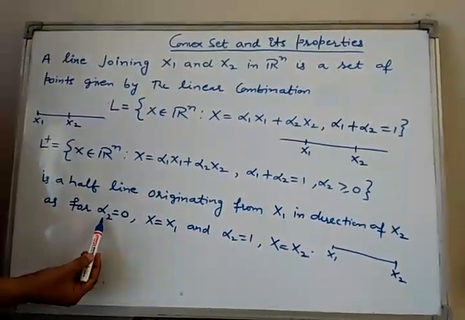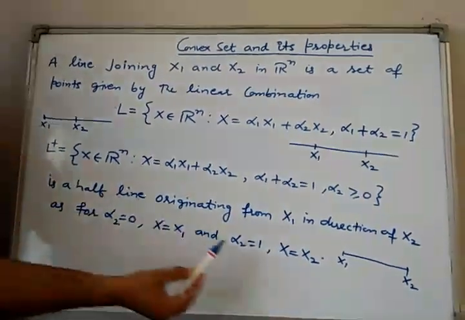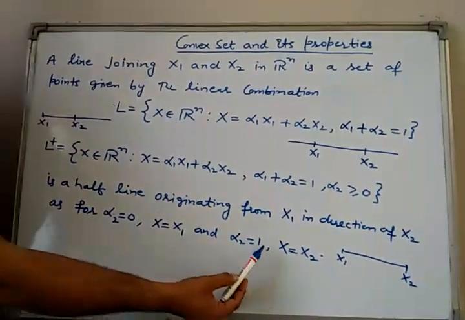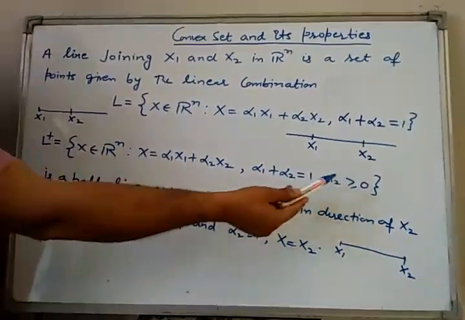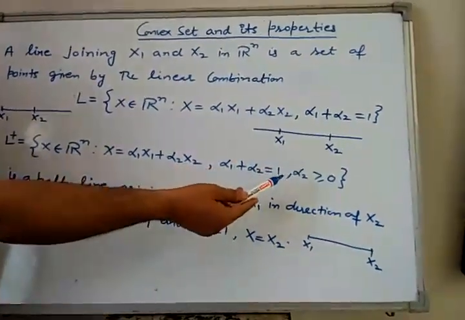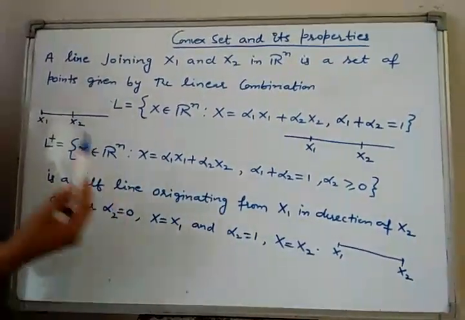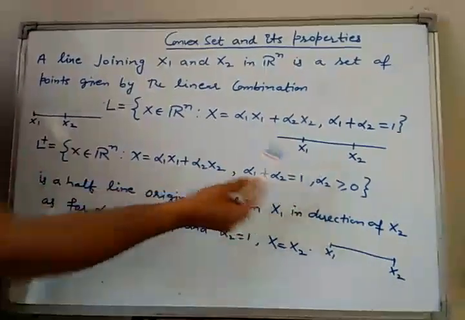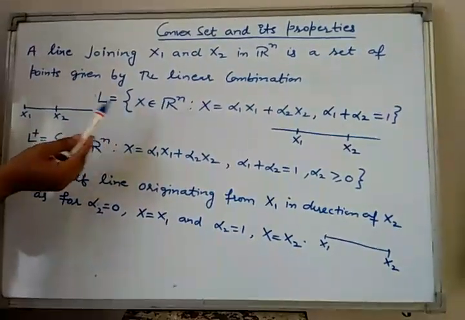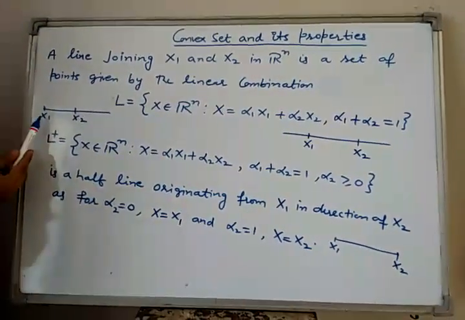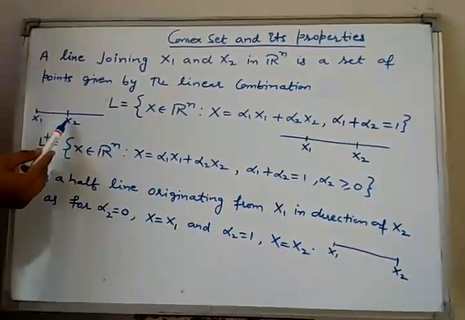Therefore, the starting point of this half line is x1. Because alpha 2 is greater than or equal to 0 and takes many values with the condition that alpha 1 plus alpha 2 equals 1, as we vary alpha 2, we get other points in the direction of x2. Therefore, this is the equation of the half line originating from x1 and going in the direction of x2.